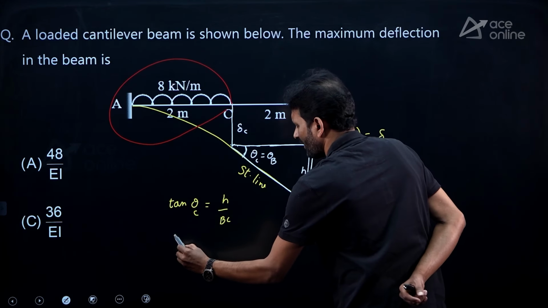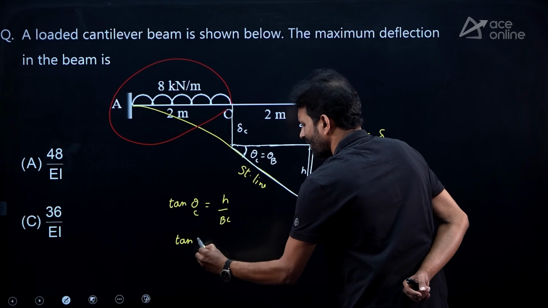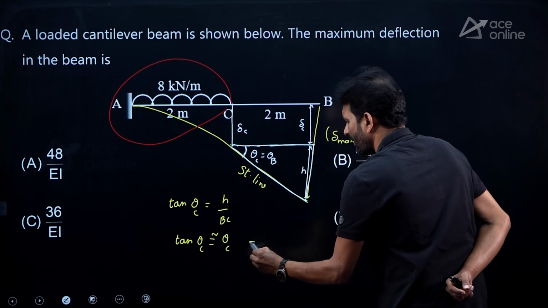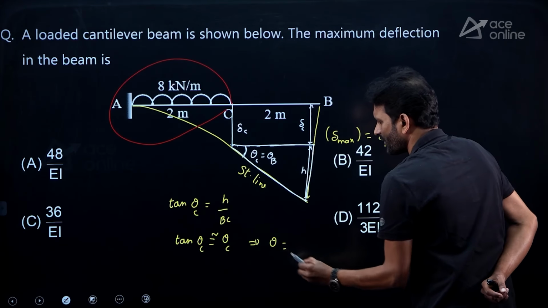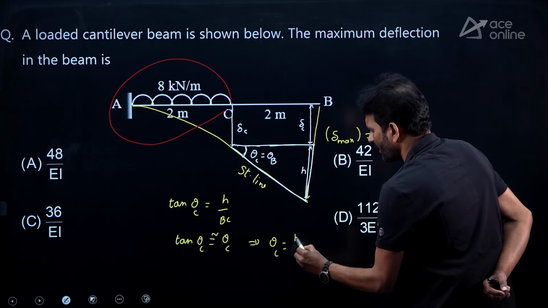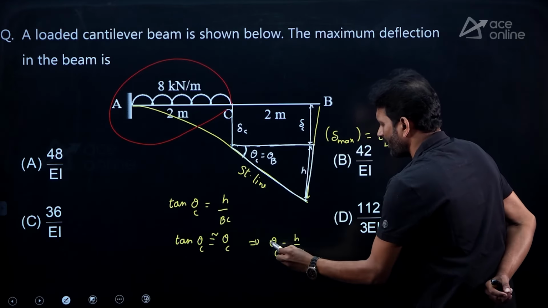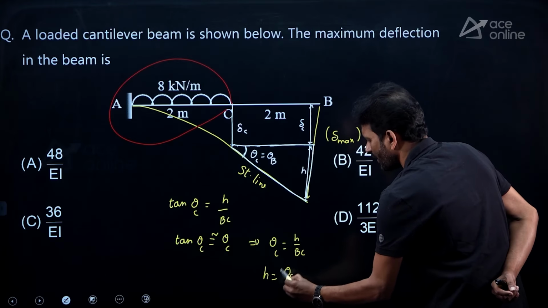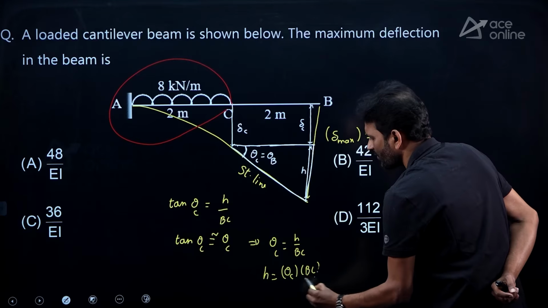Being theta very small, I can take tan theta C as almost equal to theta C. My requirement is theta C. Initially theta C should be equal to H by BC. But by knowing theta C, I may get the H value. H equals theta C multiplied by BC. This is the H we are having.